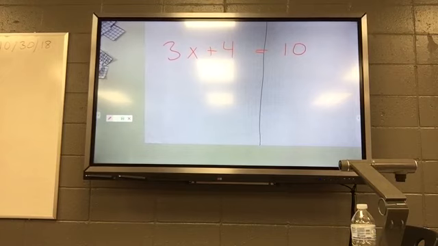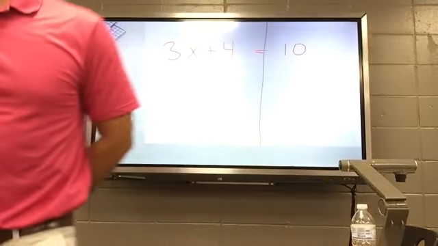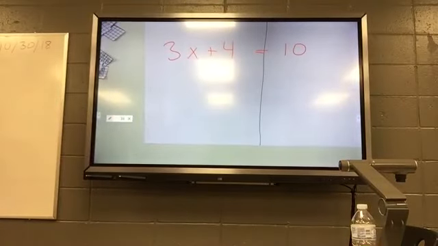So be ready, guys, when I come to get that. Then you add your positive 4. Emma, you were going to do the balancing of 4, which is good.